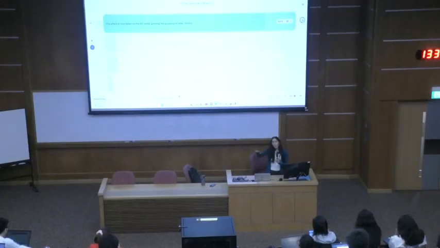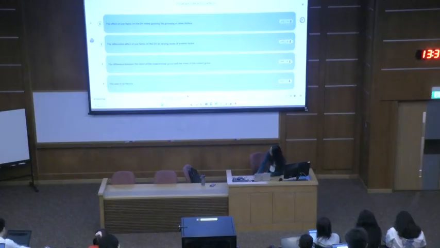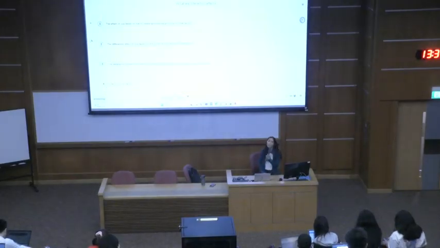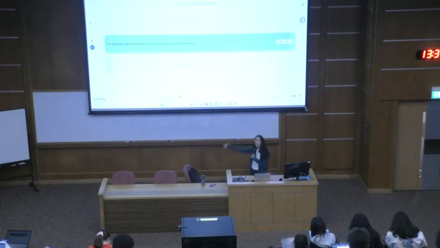What are interaction effects? All right, correct answer is B, the differential effect of one factor on the DV at varying levels of another factor or factors. So it's the difference in how people feel about primary versus secondary emotions and whether these are uniquely human as a function of whether you are an omnivore, vegetarian, or vegan.